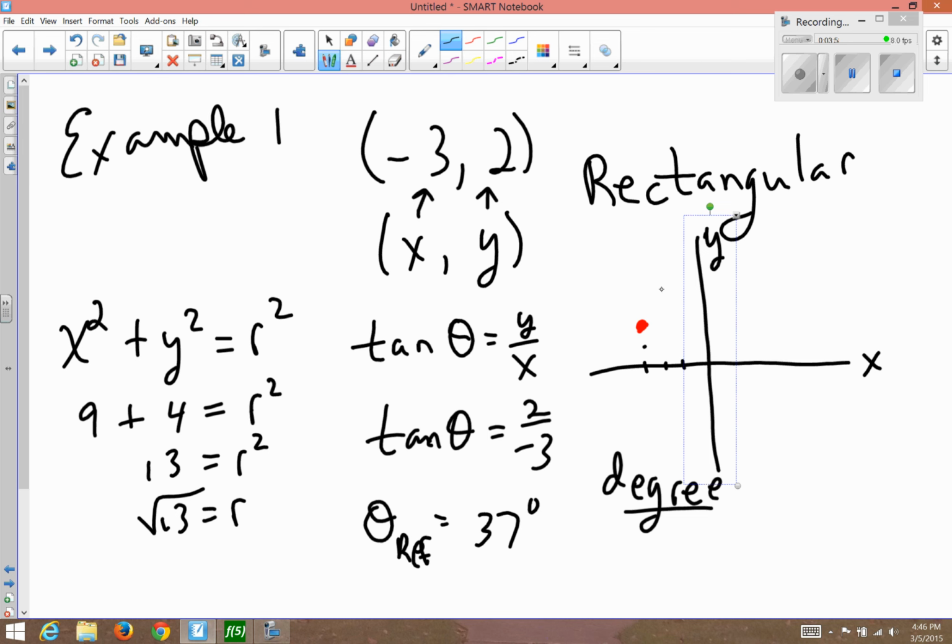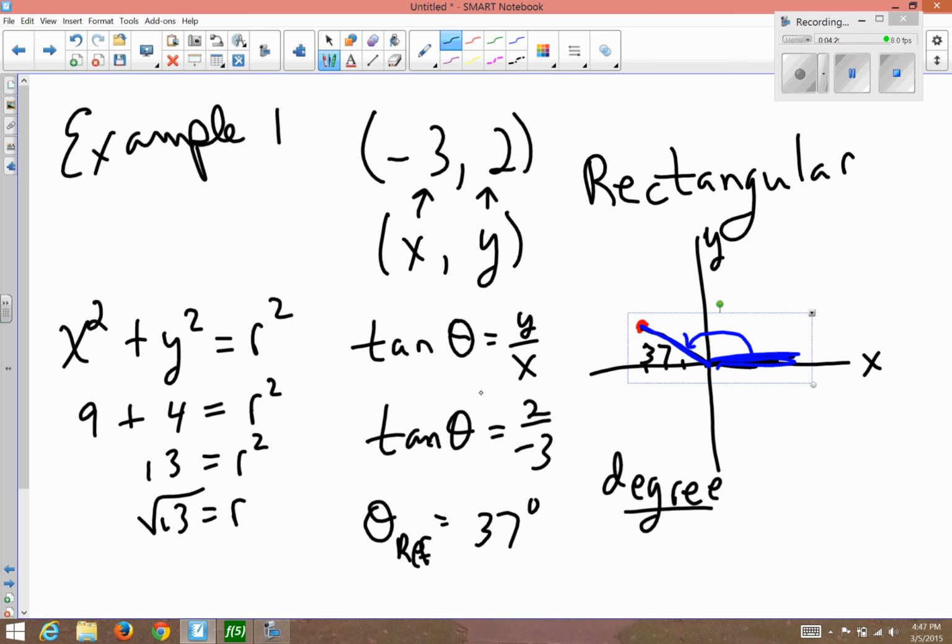So looking at the picture, we draw a vector from the origin to that red dot. The theta that we're really trying to find in this example is the angle from the positive x-axis to this vector that passes through -3, 2. And the angle we're looking for has a 37-degree reference angle, approximately 37.